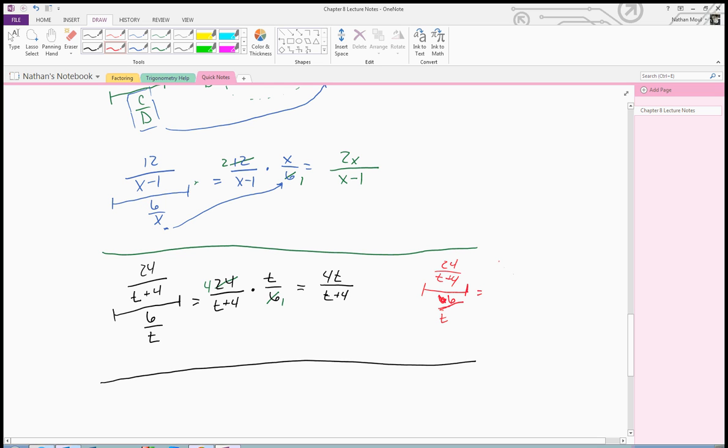It would multiply everything, t plus 4, by both denominators. I should change this one into a bracket, leave this one as parentheses.